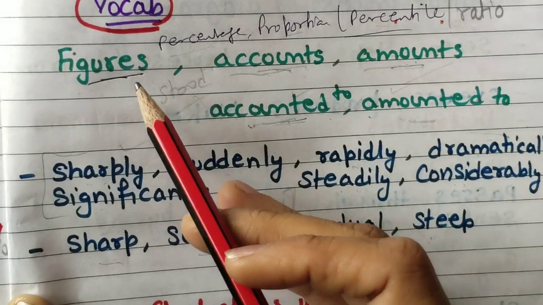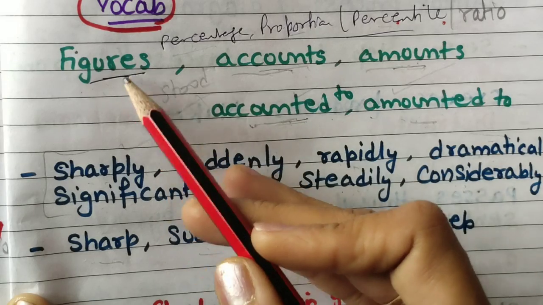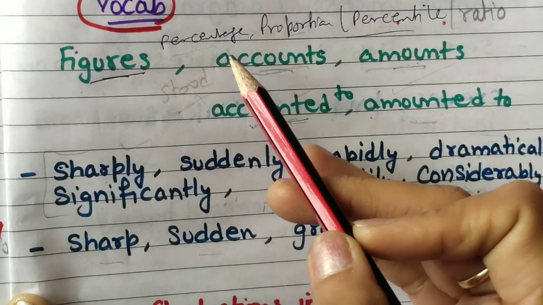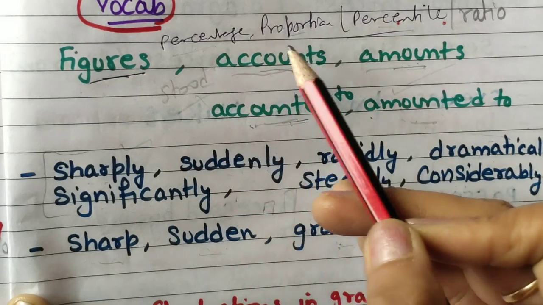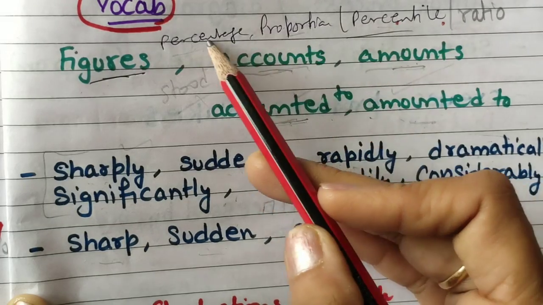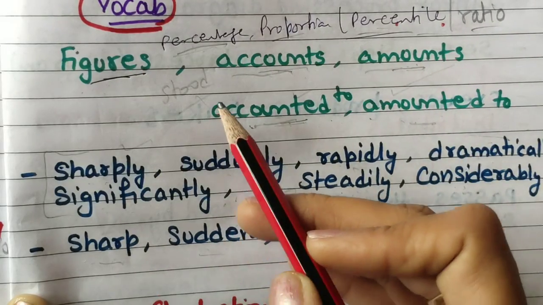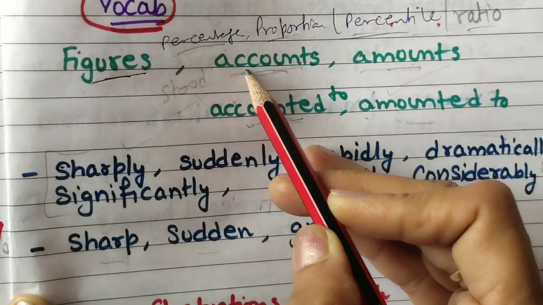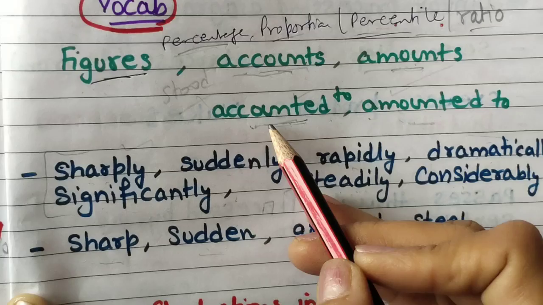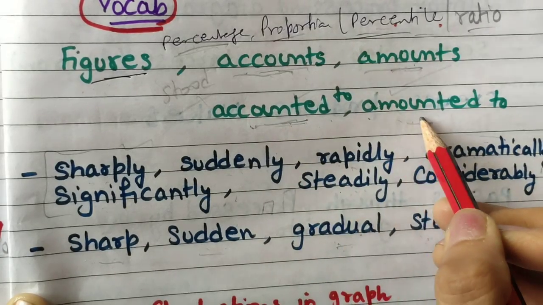So okay, vocabulary. Whenever you have to start the sentences for the detailed paragraph, you can just start with the figures for this group. If the data is in percentage, you can use the words percentage, proportion, percentile or ratio. Here you can use the words accounts, amounts. If it is past tense, then accounted for, amounted to.